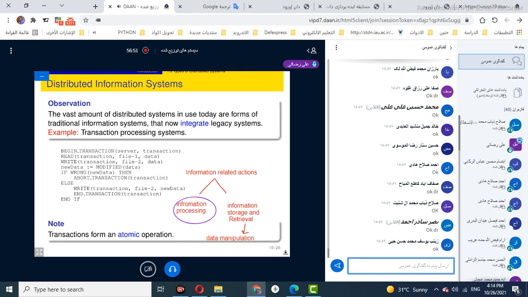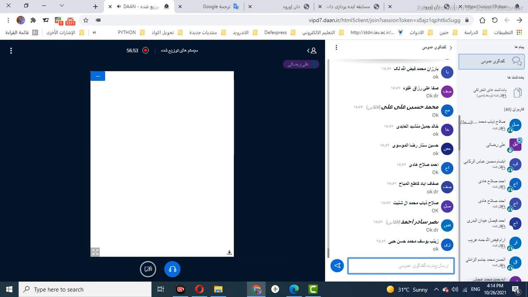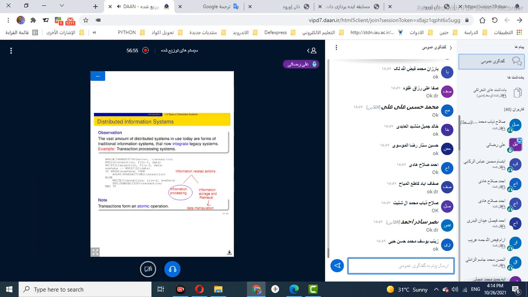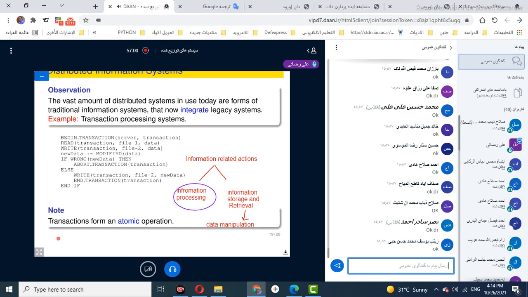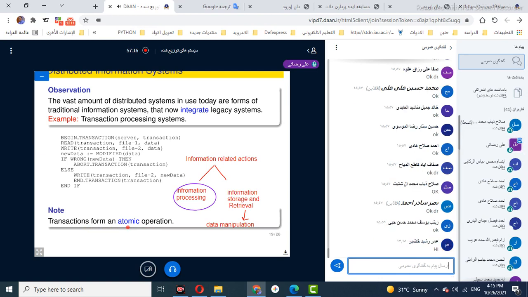Okay, let's continue. An important sentence has been written here as a note: transactions form an atomic operation. So what does atomic mean here? We can say atomic means that we cannot break a transaction into smaller parts.